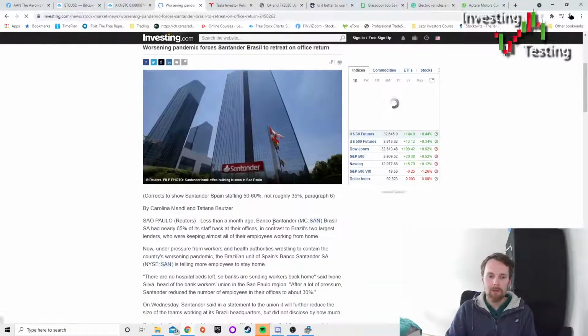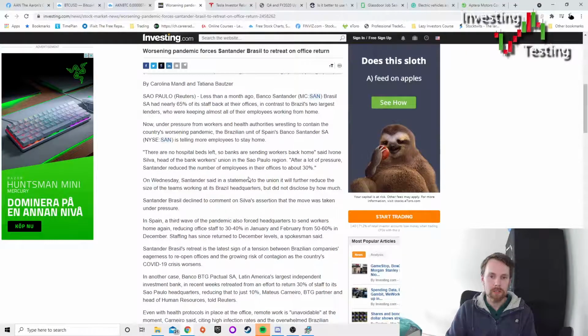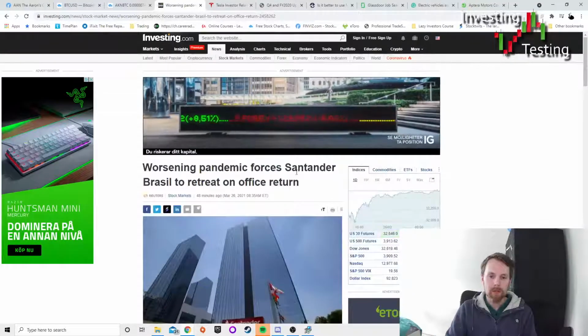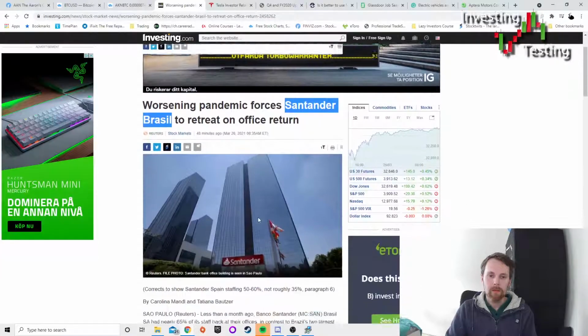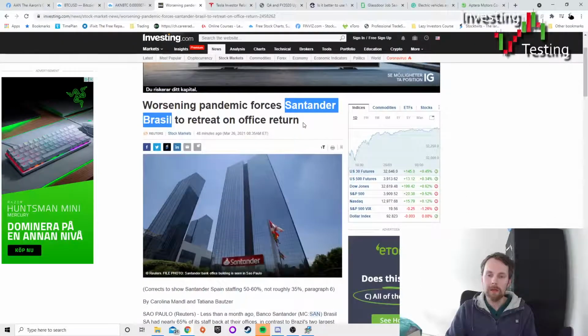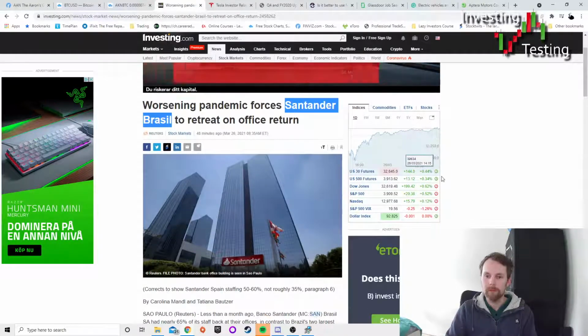So I wonder how new this news is, because you could possibly look at the Santander Brazil stock, and because of this news, you'd expect the Santander stock to plummet. You can see that it's not really affected the stock at the moment. The stock is fine at the moment. This is very new news.